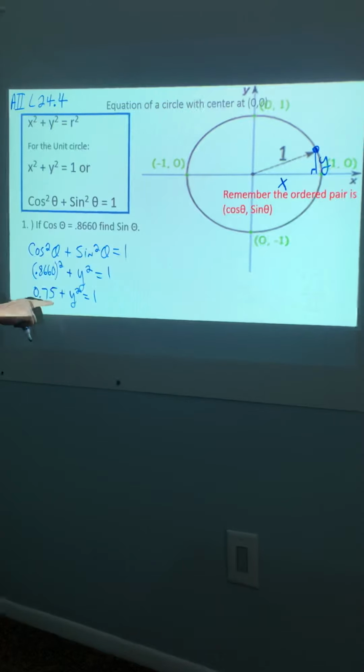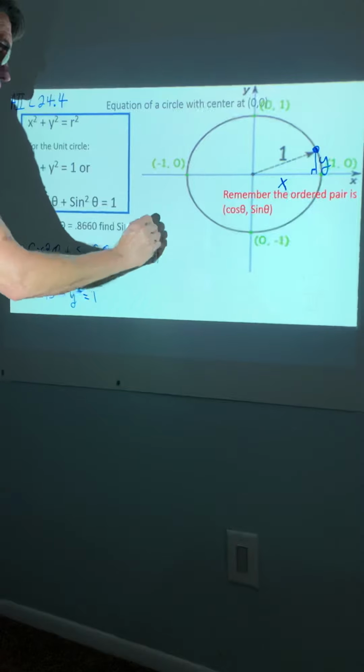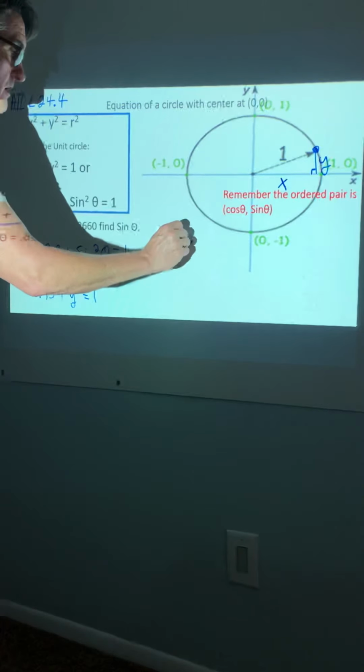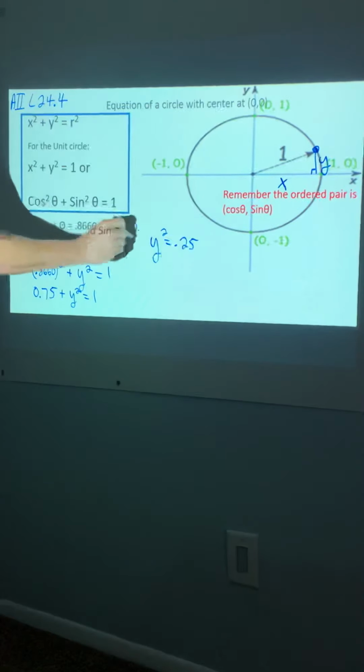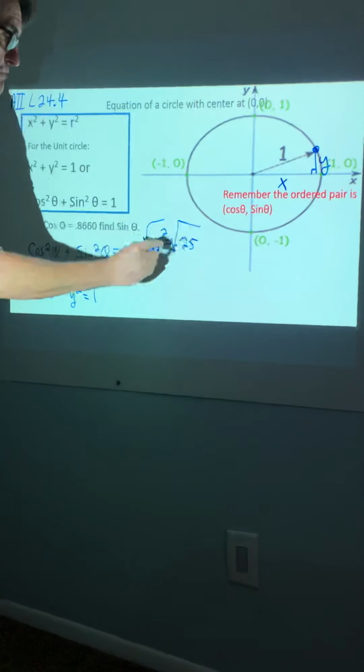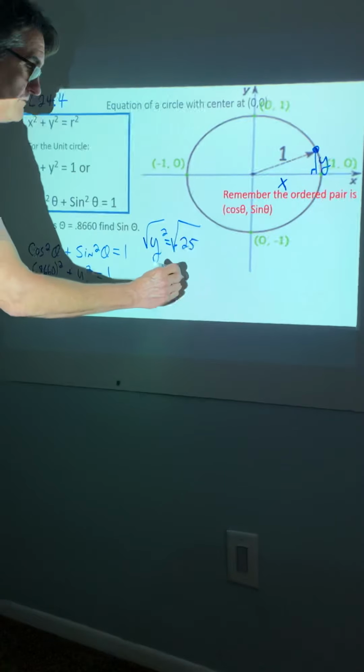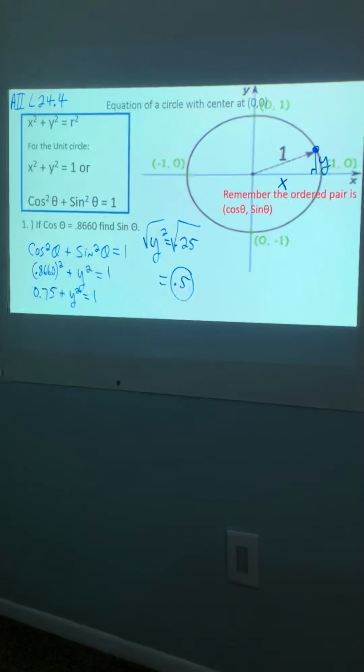You're going to subtract 0.75 from both sides, and now you're going to have y squared equals 0.25. And then you know how to undo y squared. You're going to square root, and you're going to get 0.5. Not difficult, is it? Just kind of bizarre, right?